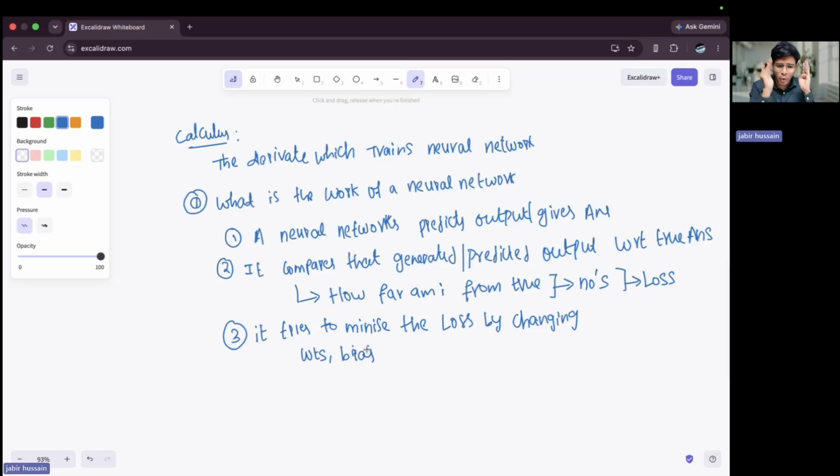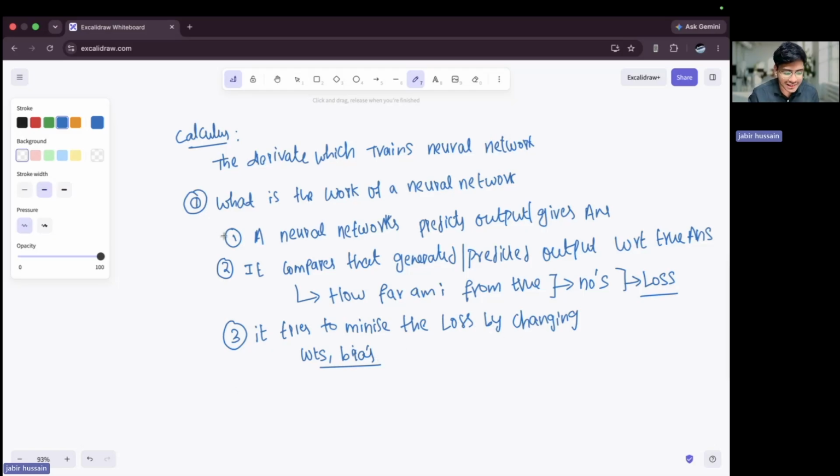I'll talk about what they are and what loss is. There are a few terminologies which are necessary, I'll talk about them in a few minutes, but try to understand that it predicts output, compares that output with the true answer, and to minimize that loss, we change something internal, something which is a part of the neural network, and that is weights and biases.